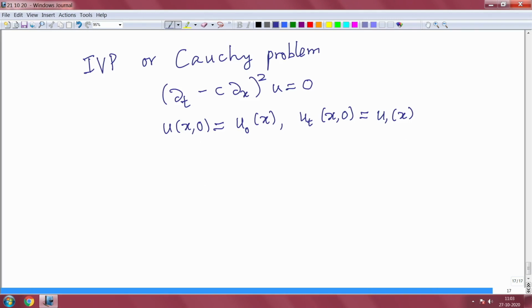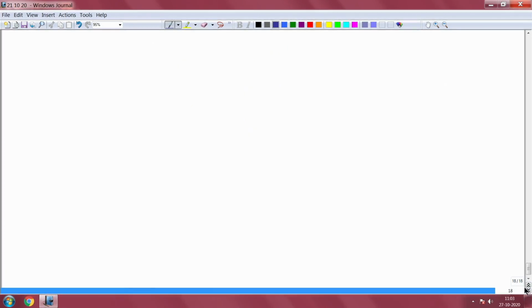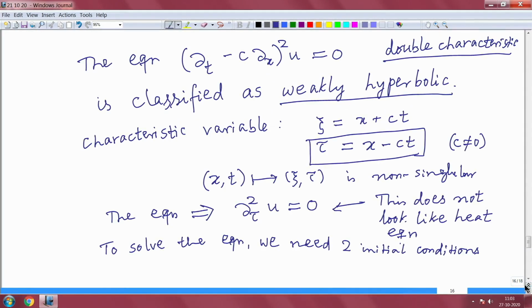Since there is only one characteristic, we have already done it here. Let us go back. With this change of variable in the new variables xi and tau, this equation reduces to del tau square u equal to 0. So we can immediately integrate and obtain the solution.